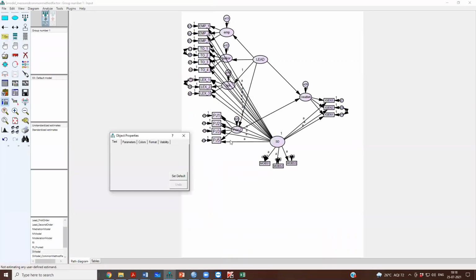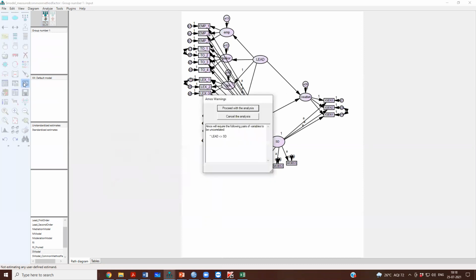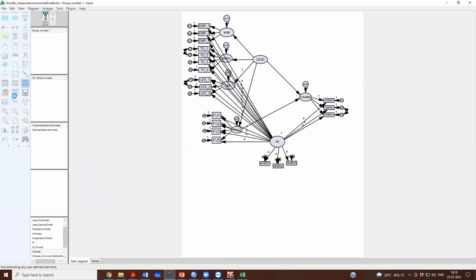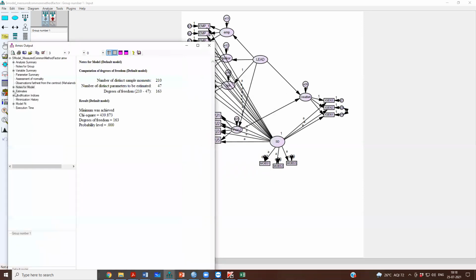Yes, because we have to pose one constraint here for creative behavior because we removed those three items.